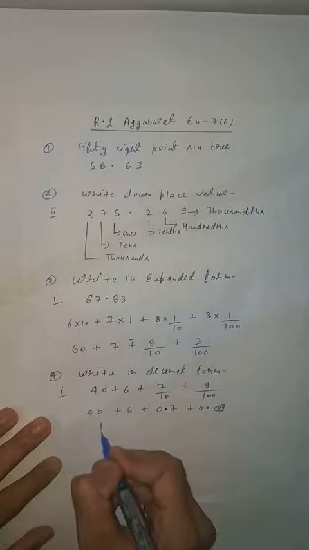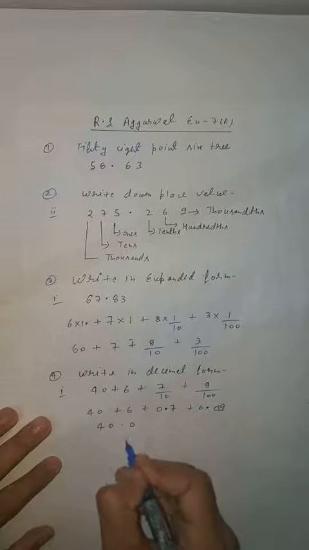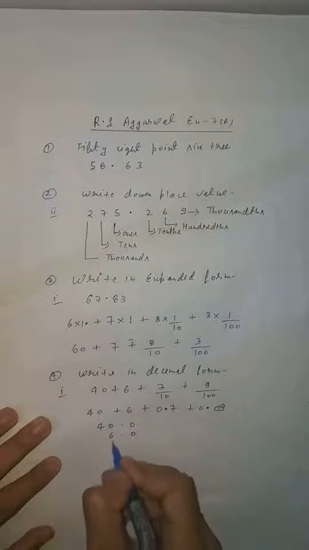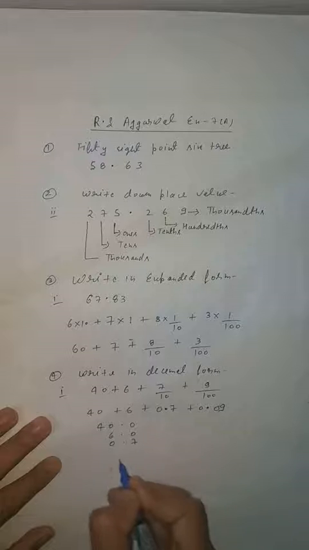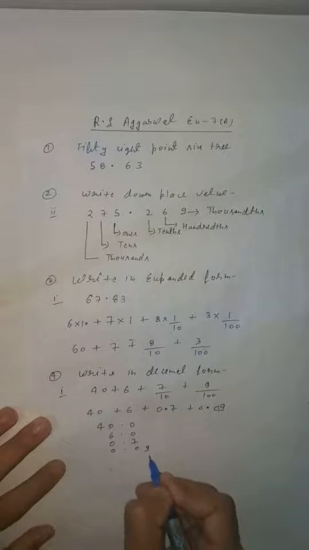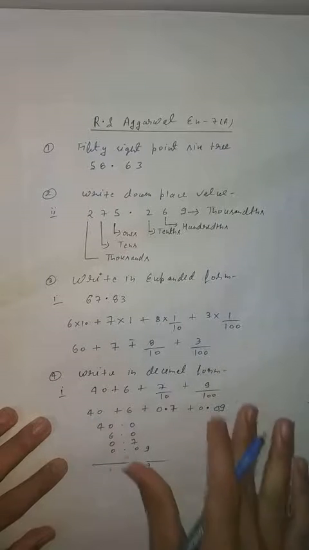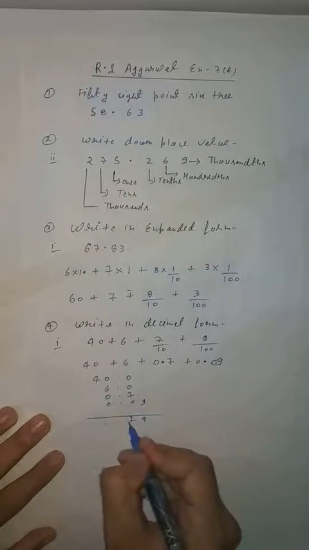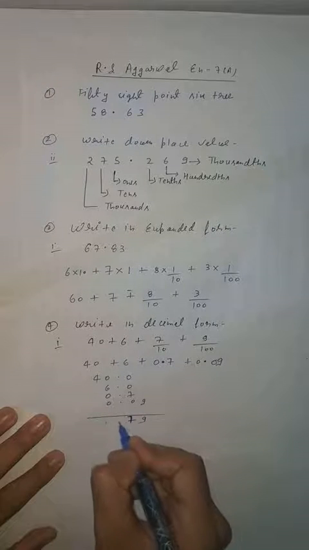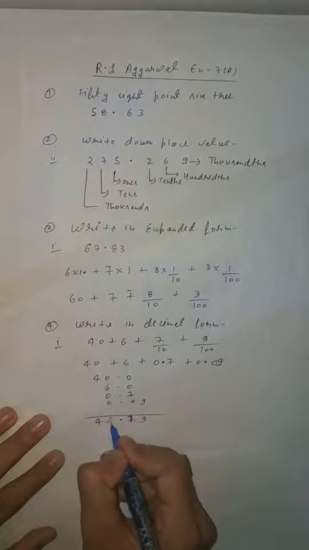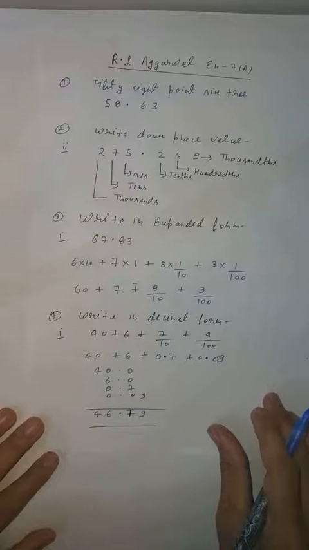Now add it: 40.0, 6.0, 0.7, 0.09. Adding this will become 46.79. Clear? So this is your solution.